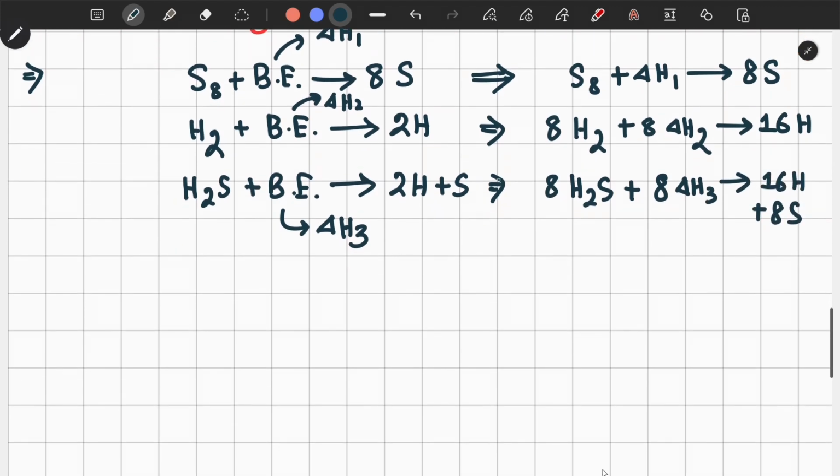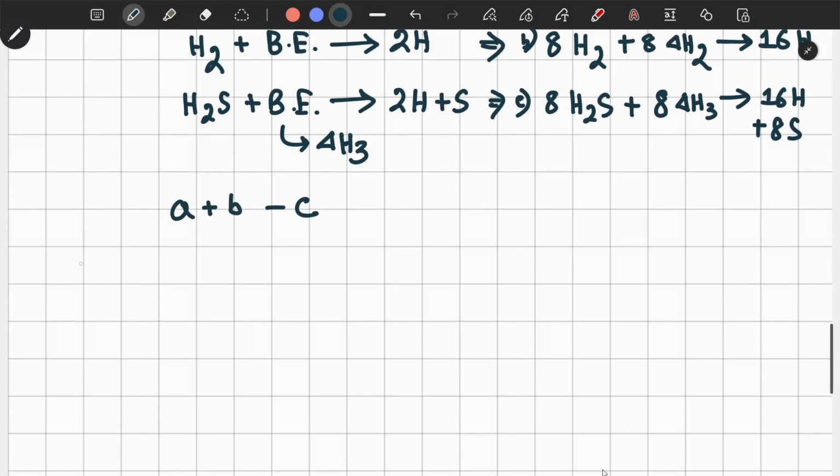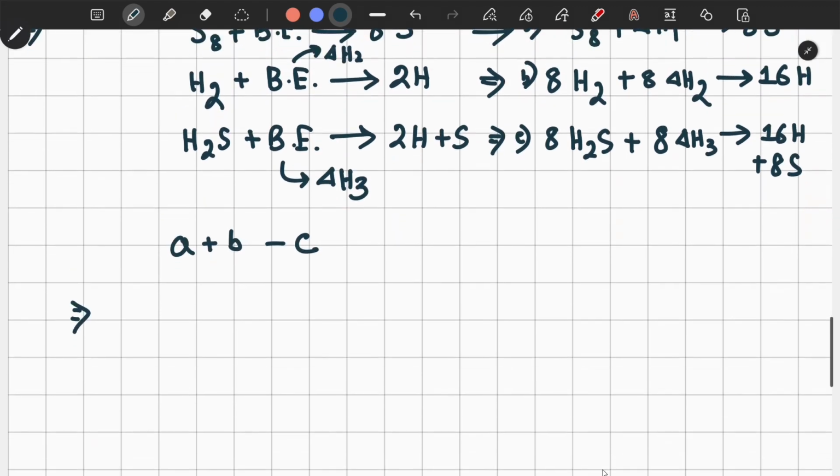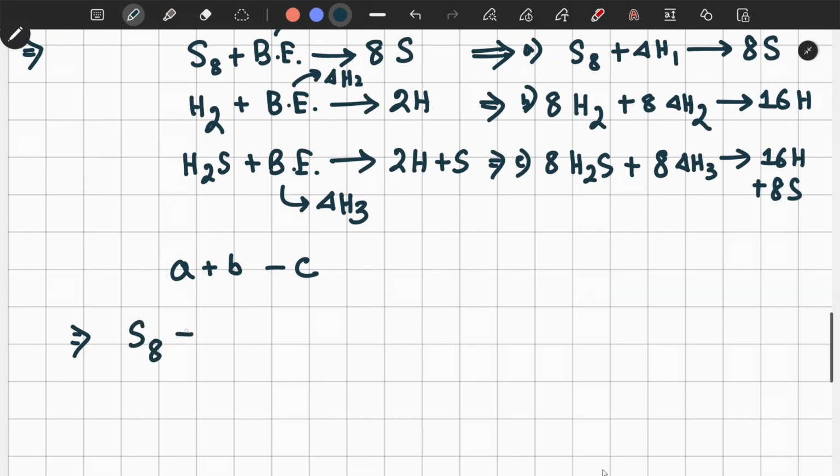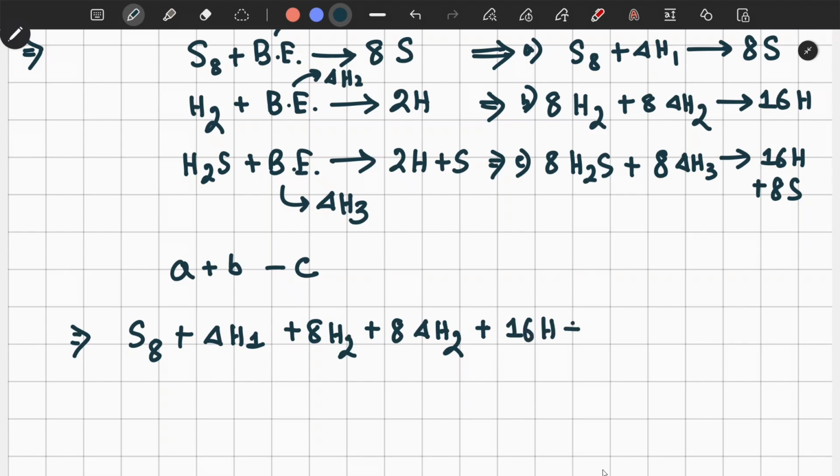Now just call them A, B, C. So just do A plus B minus C. Then it will be S8 plus delta H1 plus 8H2 plus 8 delta H2, minus 16H plus 8S.